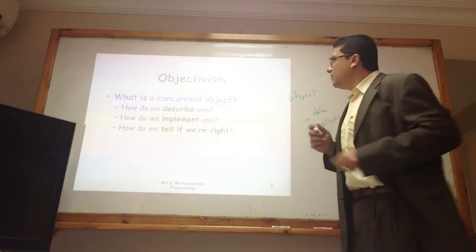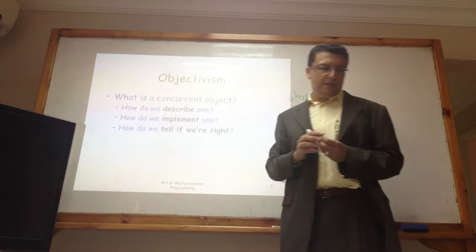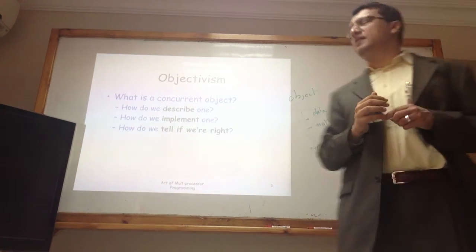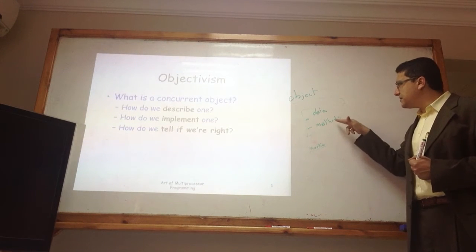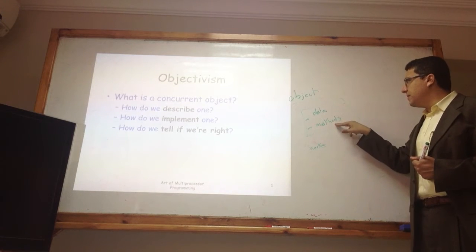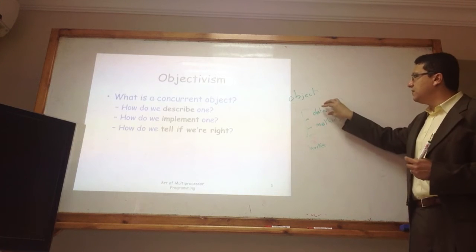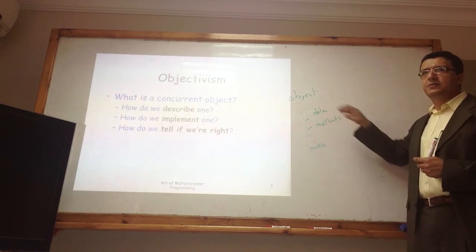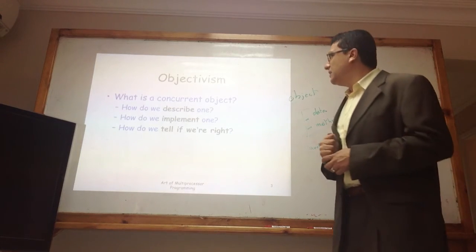If you want to talk about a concurrent object, the concurrency here means that you can have many threads or processors invoking maybe the same method, or different methods, but they're still operating on the same data or the same object. So things can go crazy if we are not careful.